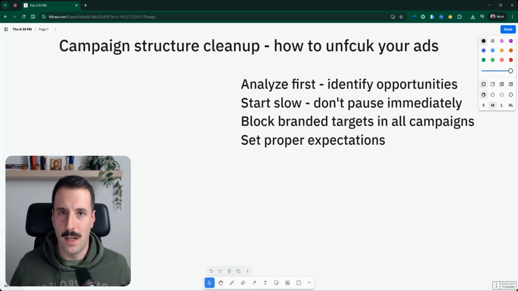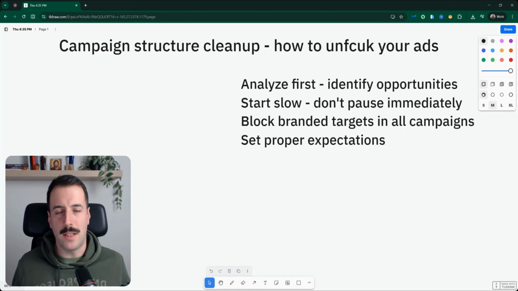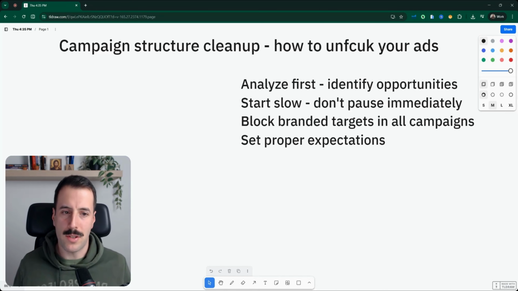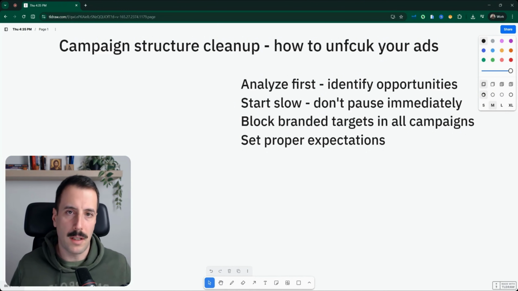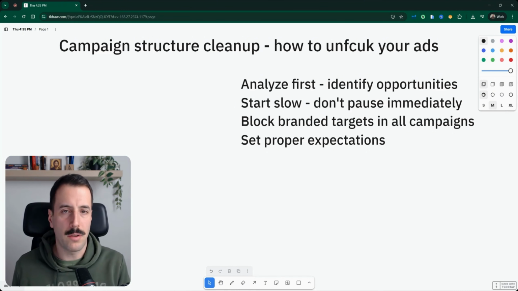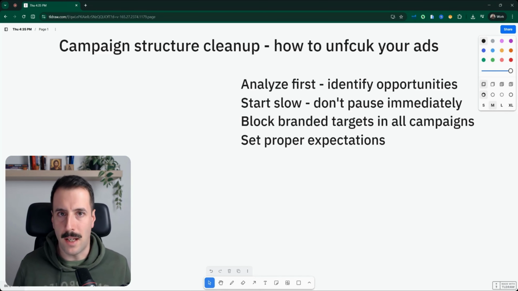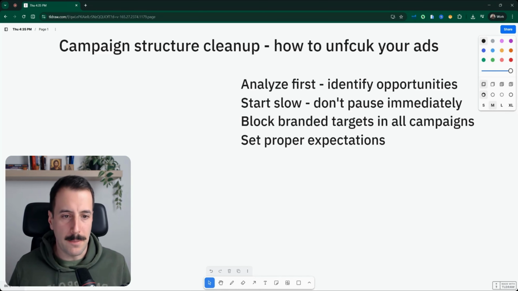If you are the one in charge, you need to expect that this process is going to disturb your performance. Not by a lot, but definitely you're going to see some strange fluctuations in ad spend, in ACOS, in sales. The best possible time to do it is off season, if your product is seasonal.